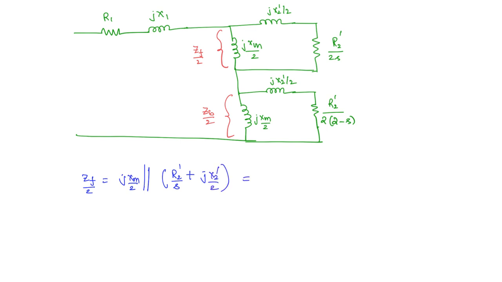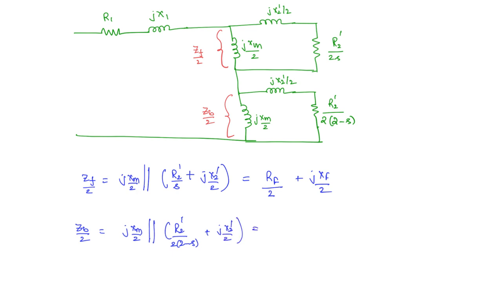Whatever value you get, you can write as the resistive part Rf, but since there is a by 2 here, we will write this as Rf by 2 as well, plus jXf by 2. Similarly, we can write the backward impedance Zb by 2 as jXm by 2 in parallel to R2' by 2 times (2 minus s) plus jX2' by 2.